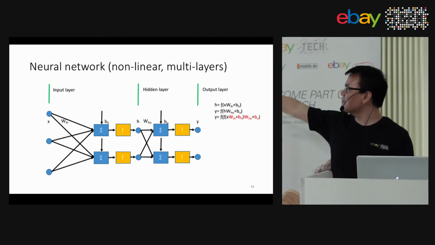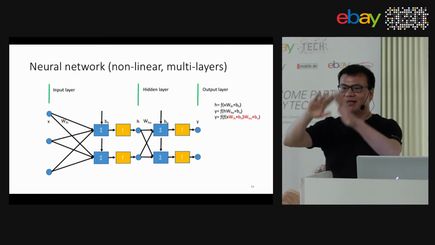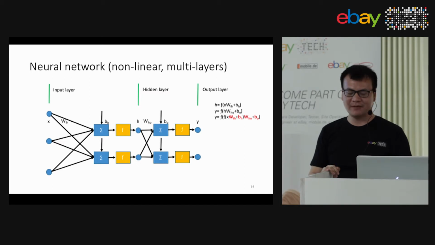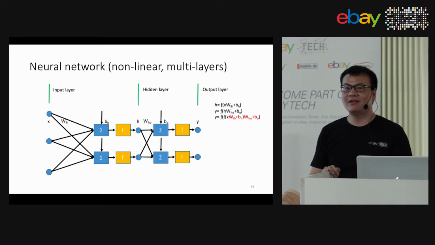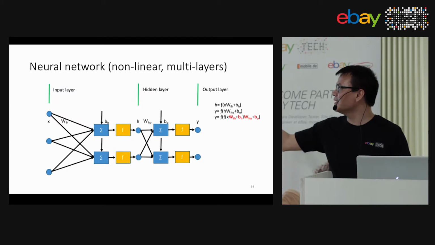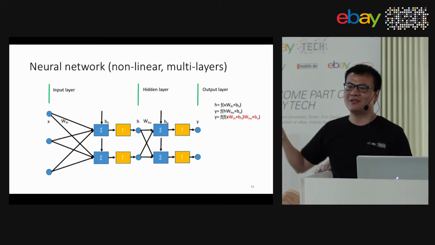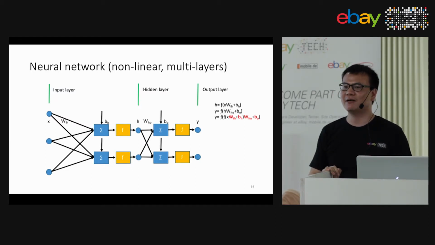And look at this mathematical formula here. It's simply a nested way of matrix multiplication and the nonlinear function. So I would make this statement: the deep learning neural network is nothing but matrix multiplication plus some nonlinear process.